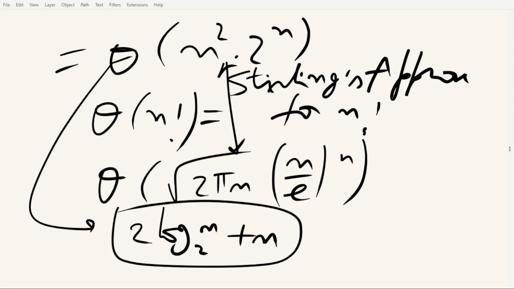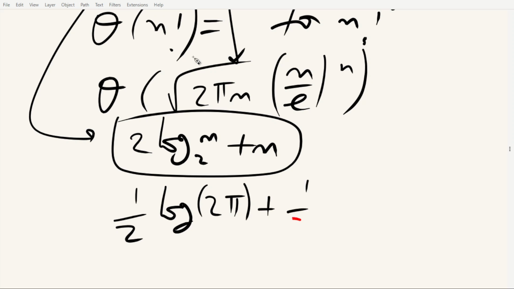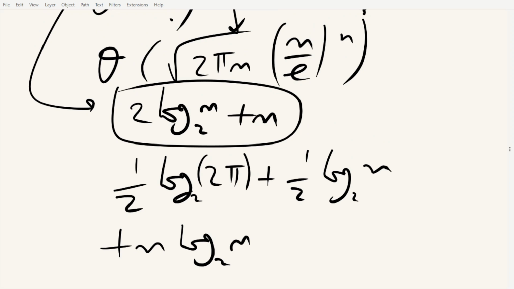Compare this with log at the right side, half log 2 pi plus half log n plus n log n minus n log e.